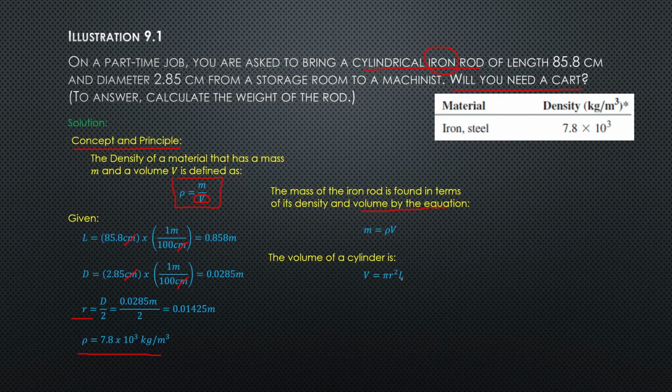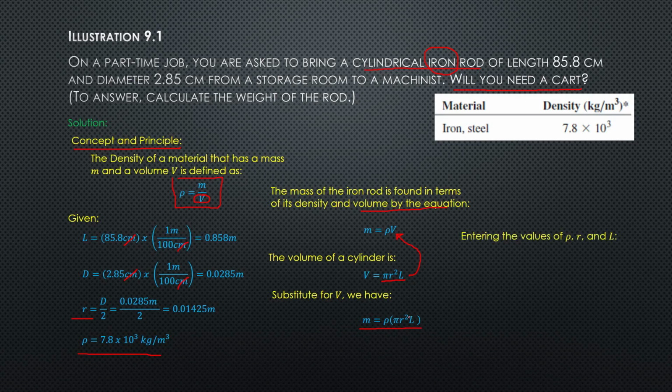Okay, so length is given, right? Radius is given. Now substituting the formula of volume to this given equation, that gives you mass will be equal to density multiplied by volume, but then volume is pi r squared multiplied by its length. Okay, giving you this equation.